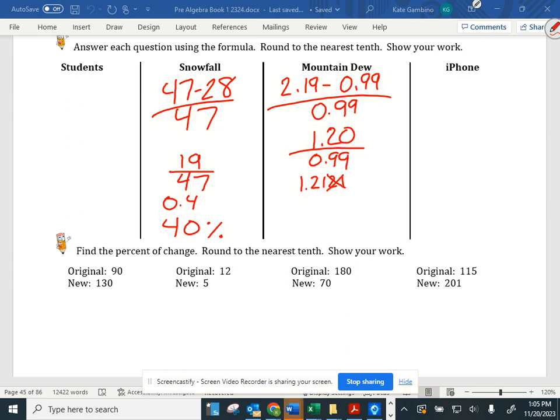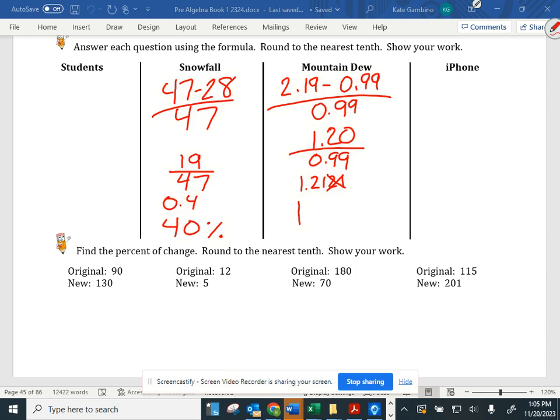Okay, so we round it to that hundredth place. So what is our percent of increase? Blakely? Because we're rounding to the hundredth place, so 1.21 is what percent? No points in percentages.